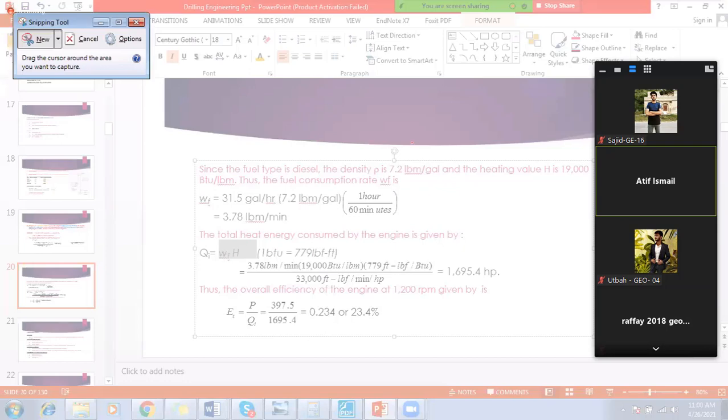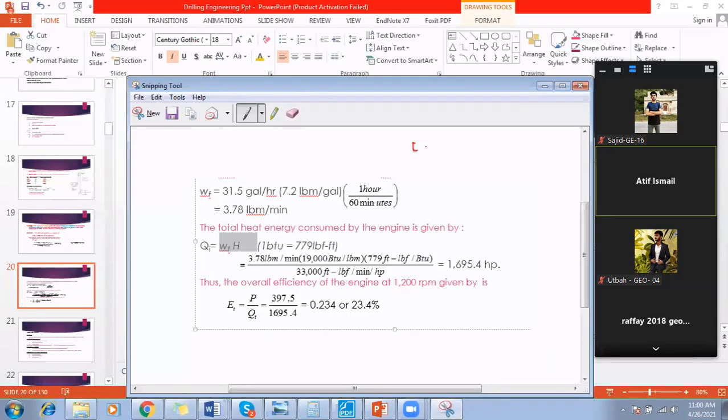We have multiplied Wf into H, and the overall units will be LBM per minute multiplied by BTU over LBM.